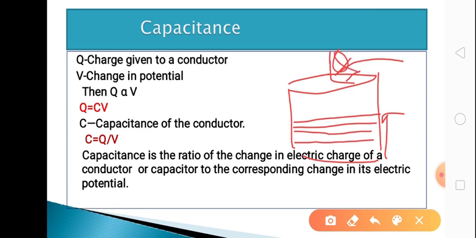When you are giving charge to a conductor, then there is a rise in potential. Similarly, when you are adding water, there is a change in the level. The change in level is the potential, adding water is the charge.